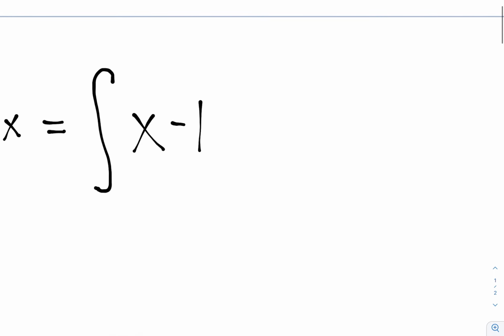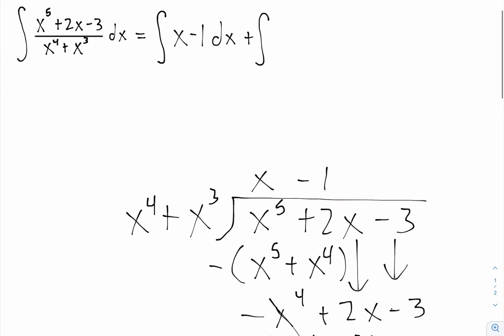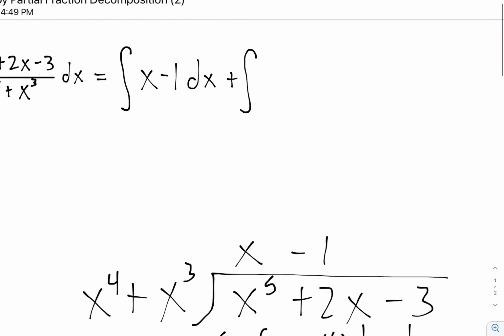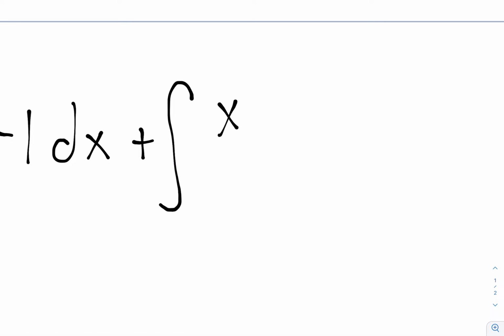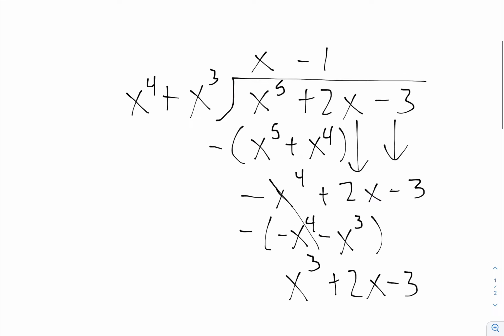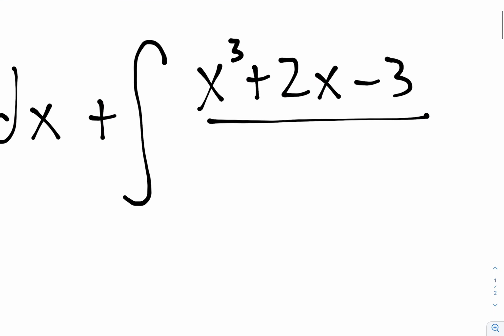So we can call this its own integral, and then we're going to be adding the integral of the remainder over the divisor. So the remainder is x cubed plus 2x minus 3, and then we're going to be dividing that by x to the fourth plus x to the third.